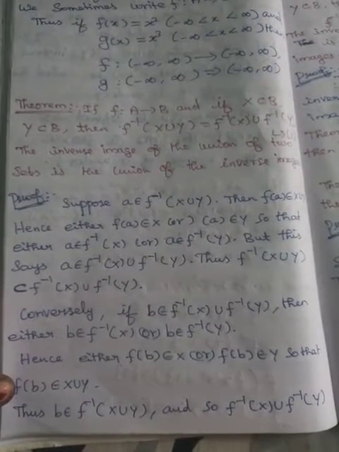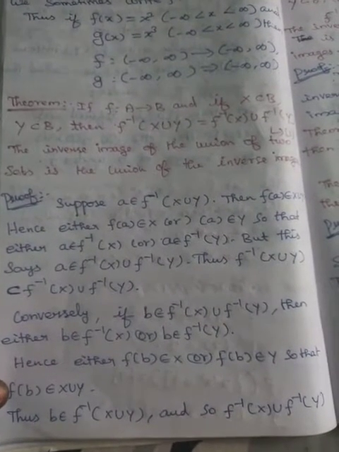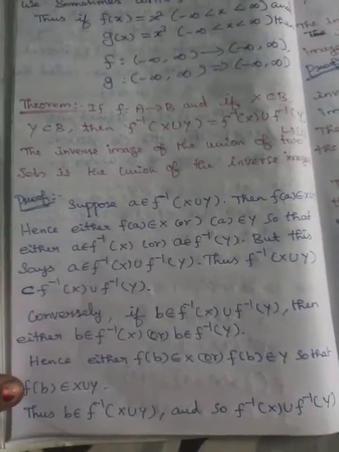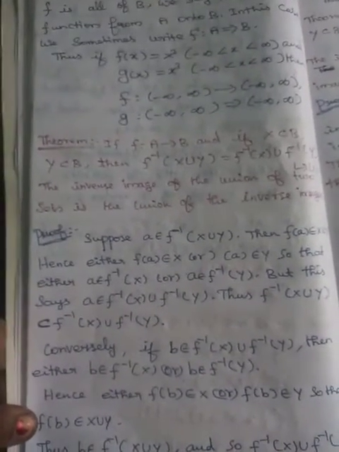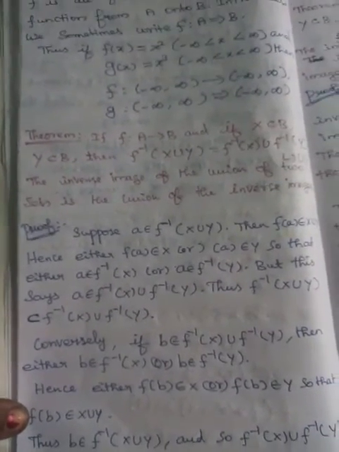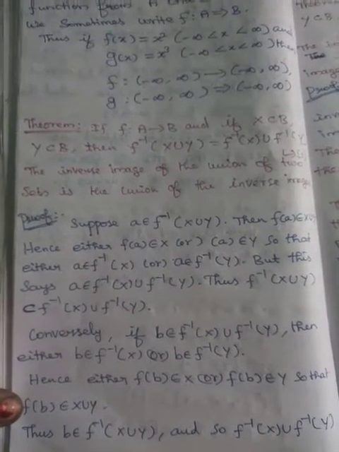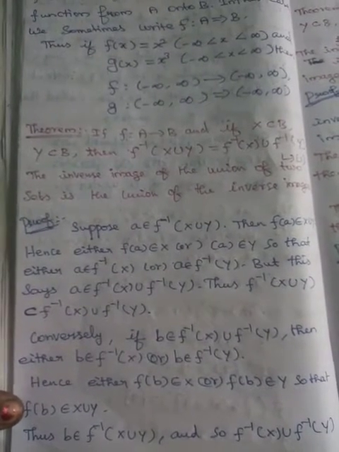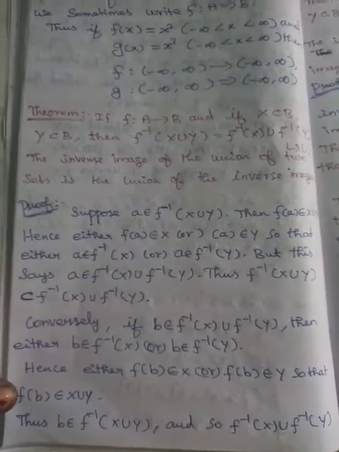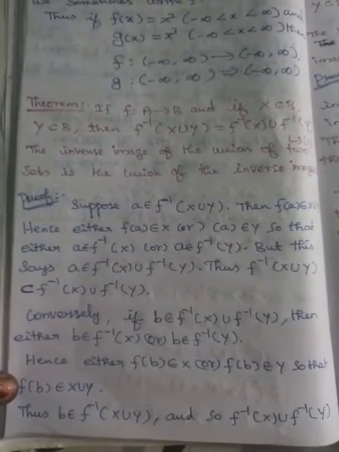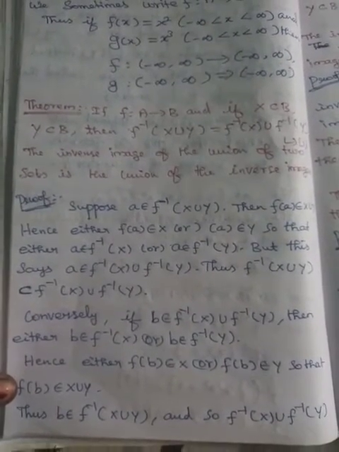Thus f inverse of (X ∪ Y) contains f inverse of X ∪ f inverse of Y. Conversely, if b belongs to f inverse of X ∪ f inverse of Y, then either b belongs to f inverse of X or b belongs to f inverse of Y. So this second part is the converse part.